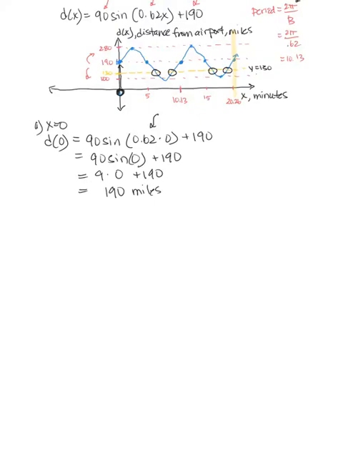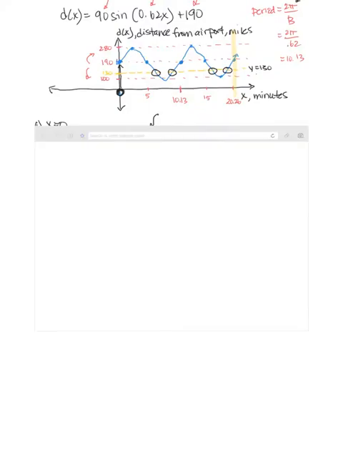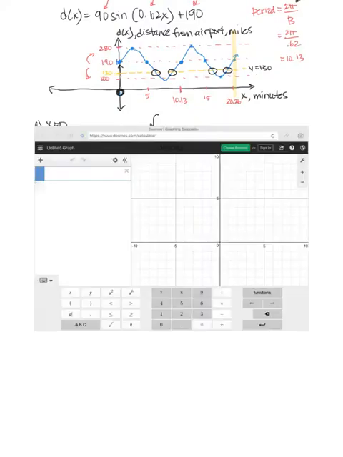Let me put a browser in here, and I'm going to open up Desmos. I'm not used to using it without a keyboard, so bear with me on this. Y equals 90, and I need a function, the sine of 0.62x. Did you see what I did wrong there?